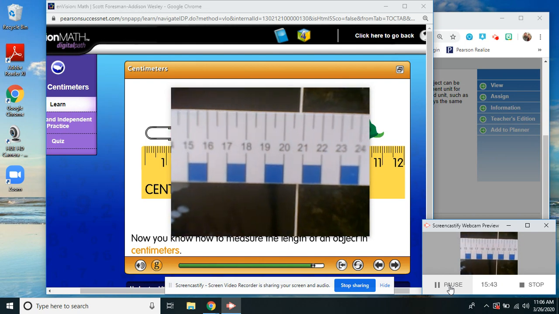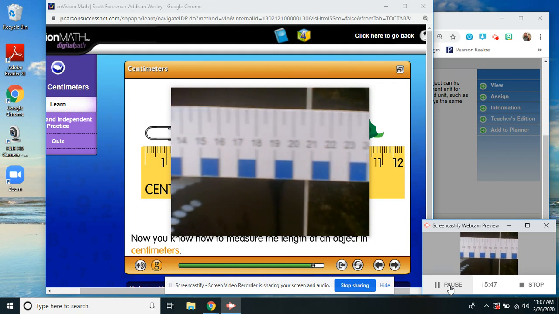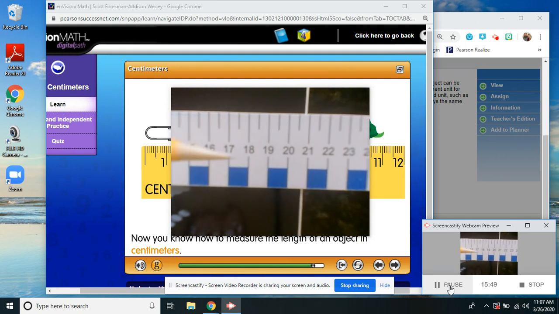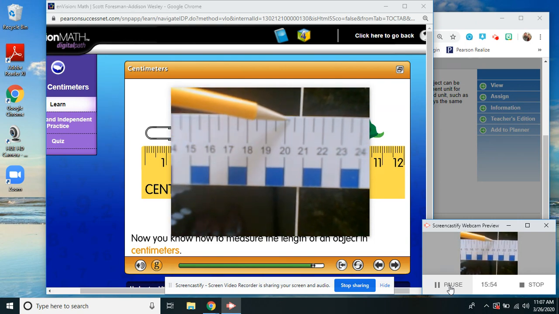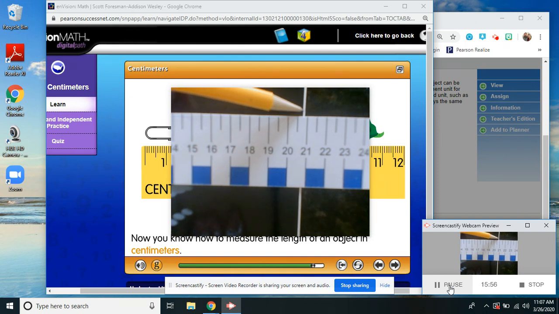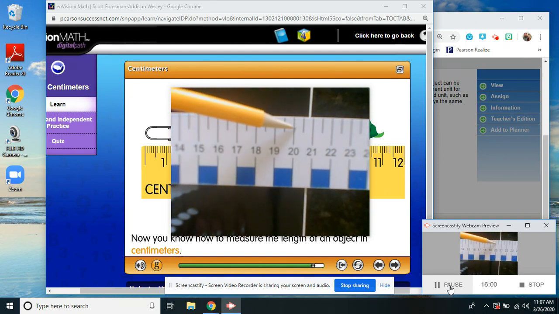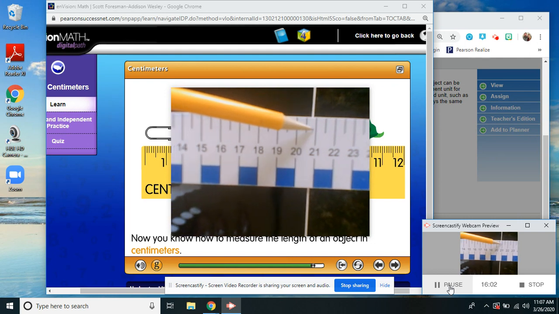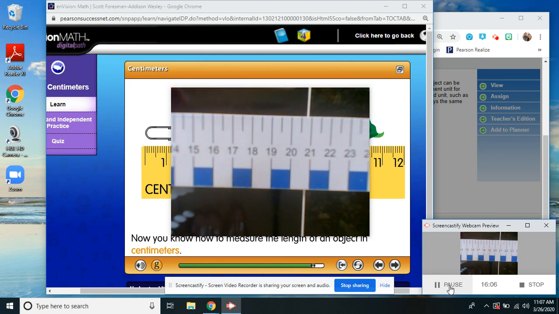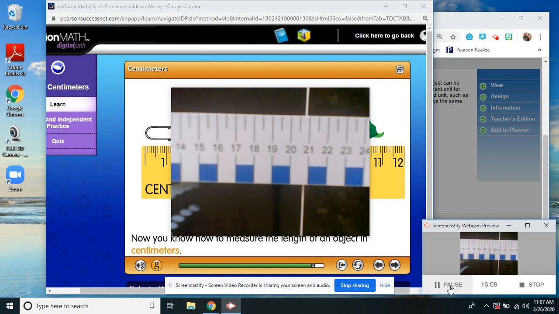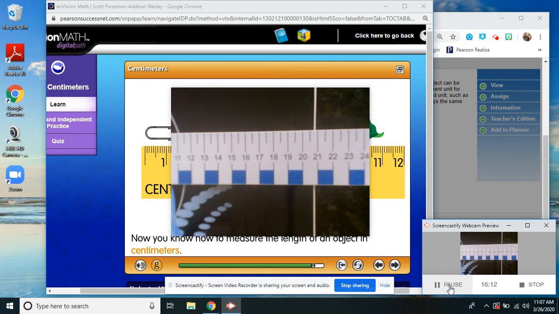So since we are measuring to the nearest centimeter, if this book length ends between the 20 and 21, it looks like it is much closer to the number 21 versus 20. So I would say that this book is about 21 centimeters long. Yours might be a little different.